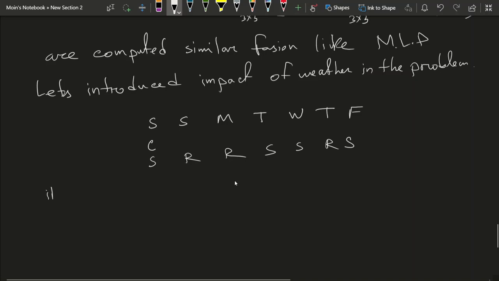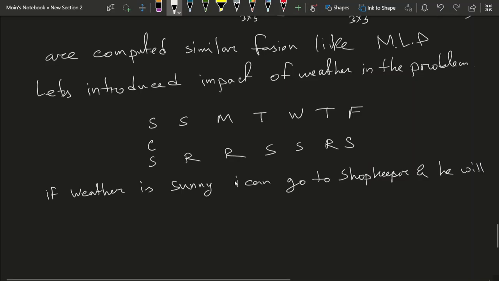So if the weather is sunny, I can go to the shopkeeper and he will provide me the next dish in the cycle.